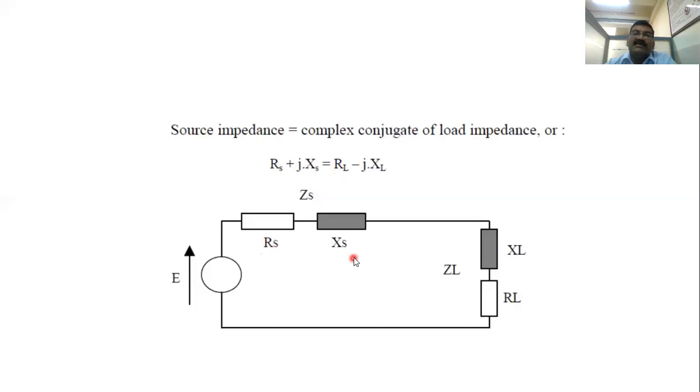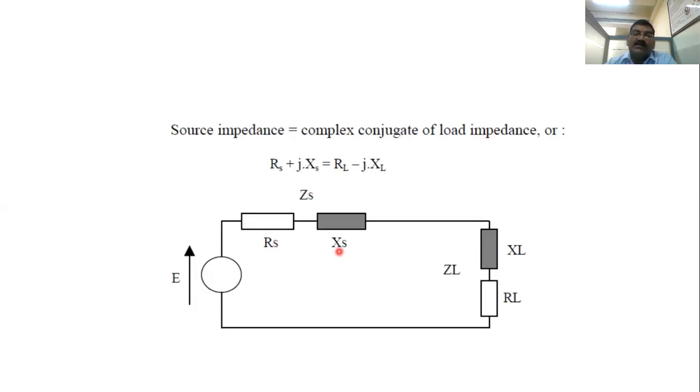Now what is this RS and XS? The impedance, as we know, is split into two parts, the real part and the imaginary part. The real part is the opposition offered by the conductor. So this is RS, the resistance. And what is this X part? The suffix S means for the source.